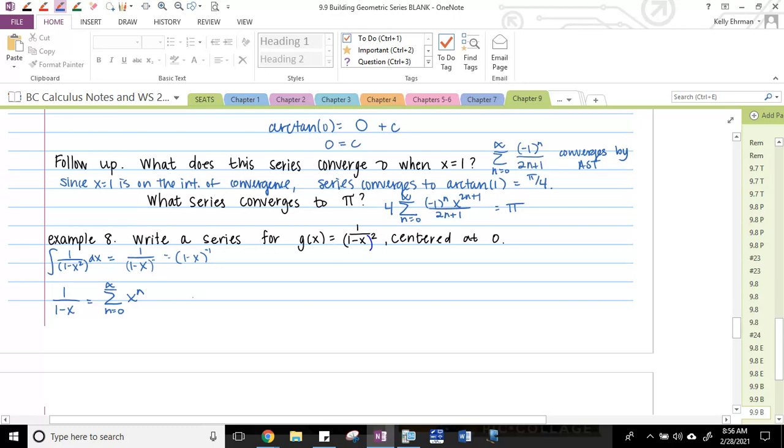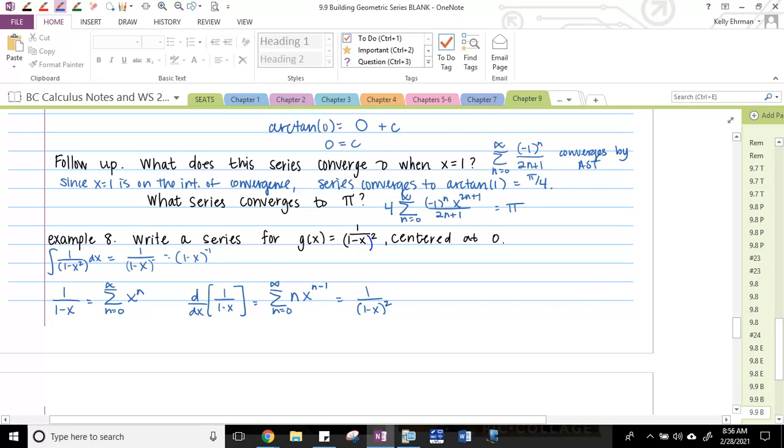All right, so the derivative of 1 over 1 minus x should be a nice little power rule here, right? N times x to the n minus 1. And that's my power series for g of x, 1 over 1 minus x, the quantity squared.